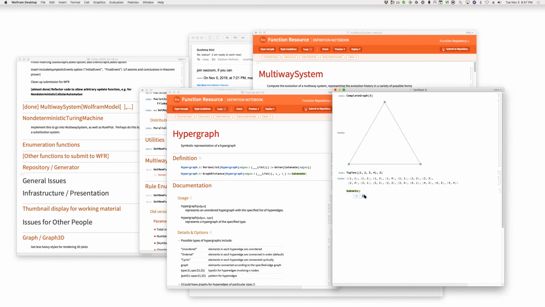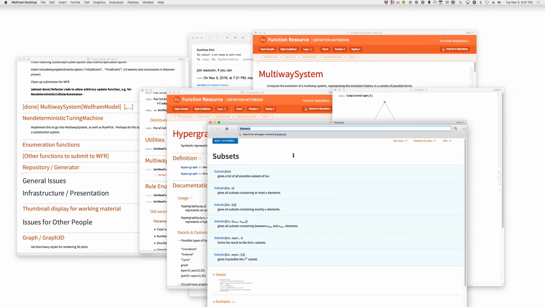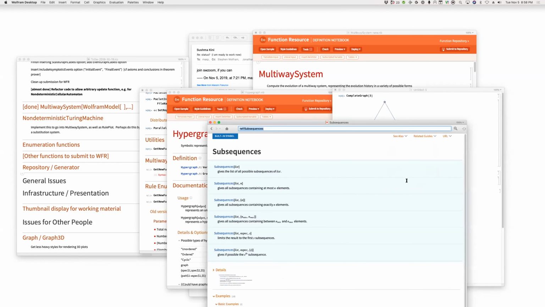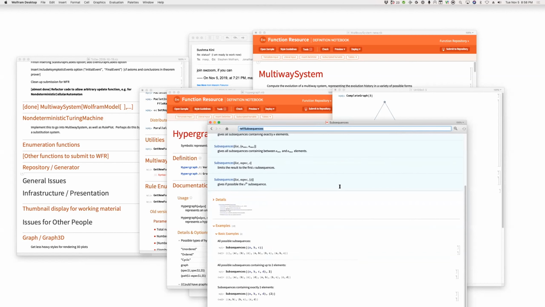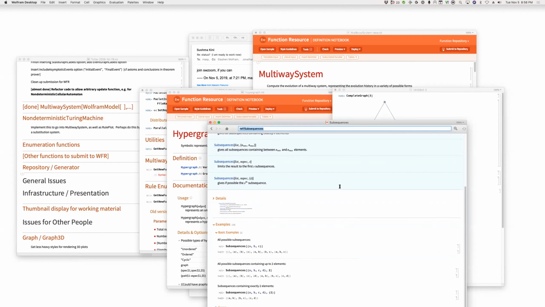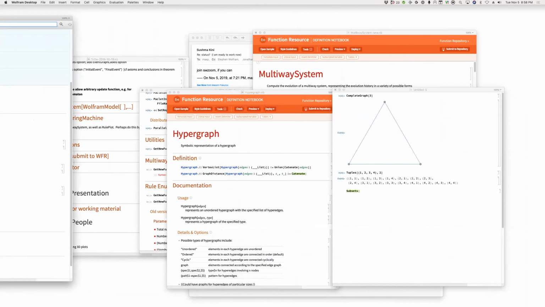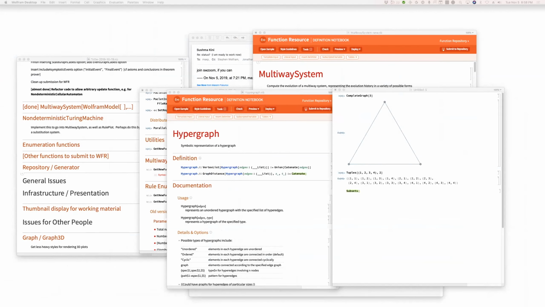I'm sure subsets does reorder. Subsequences? No, I don't think that's quite right either. Yeah, that doesn't have AC. No, it's not a sequence. I know. It's subsets.